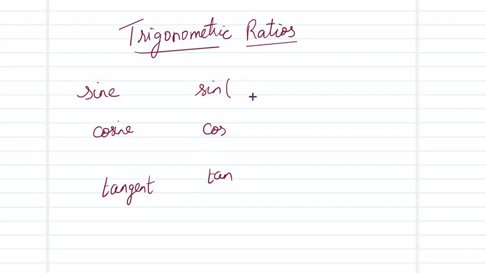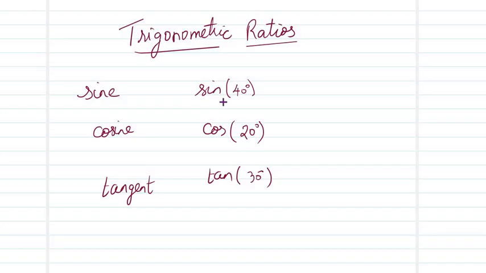Function in the sense that all of these need some value to get calculated. For example, sine of 40 degrees, each of these needs an angle to get the value. Sine of 40 degrees, cosine of 20 degrees, tangent of 30 degrees, for example. When it is 40 degrees, the sine is a function, and this function gives us a particular value.